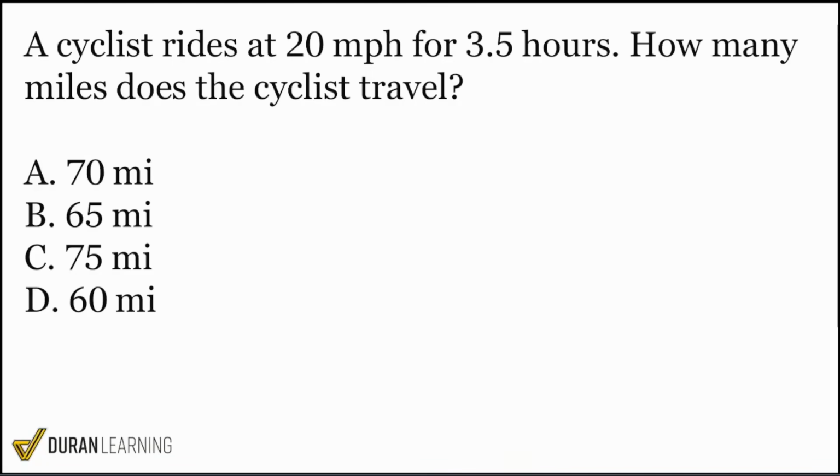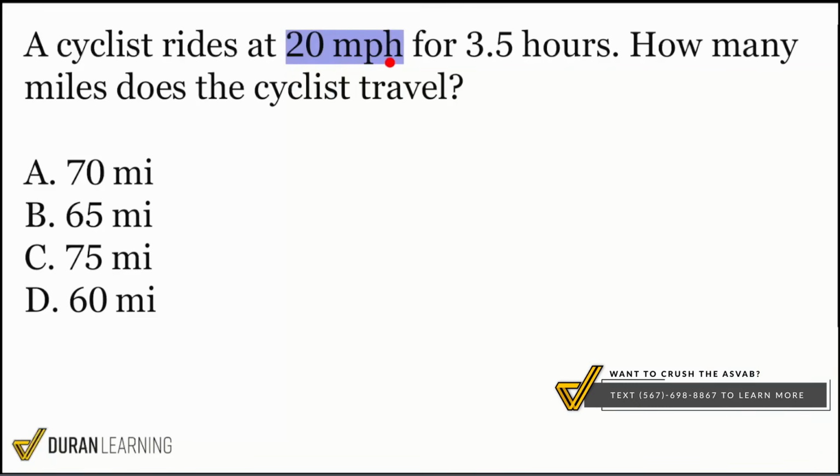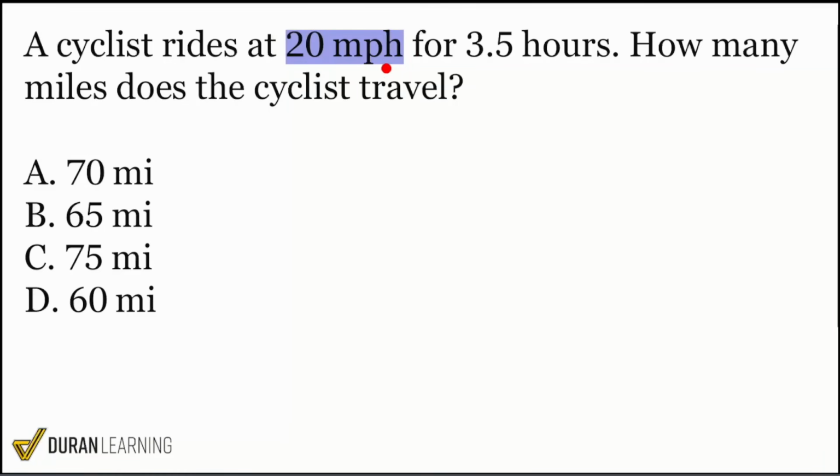Now, the difference between a distance and a rate is simply the units. A rate will always be written as 2 units together. MPH stands for miles per hour. So in this particular instance, 20 miles per hour, this is a rate because it tells you how far you go in this amount of time, in 1 hour.